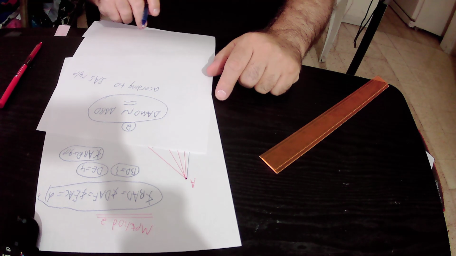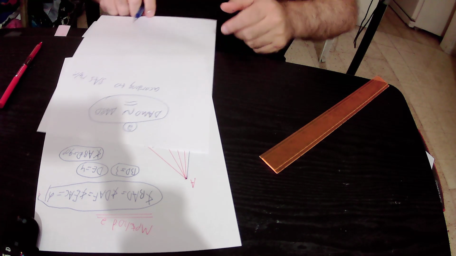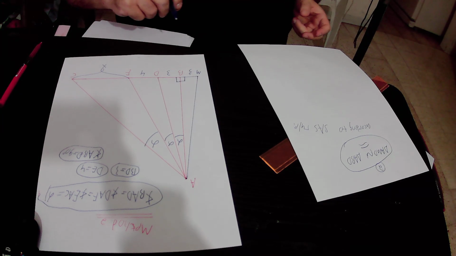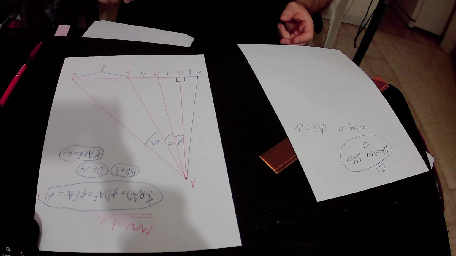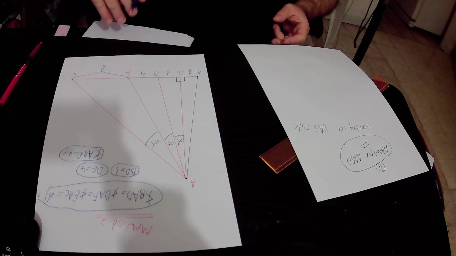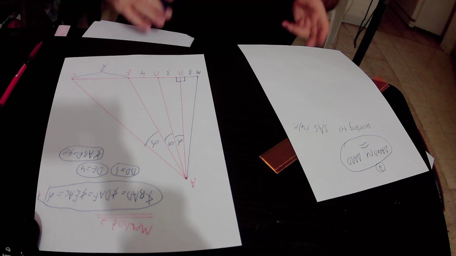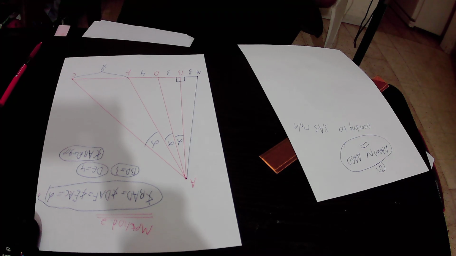What is the side angle side rule? If you prove that two sides and the angle between those two sides in one triangle are equal to two sides and the angle between those two sides in the other triangle, then you have proved that those two triangles are congruent according to the side angle side rule.